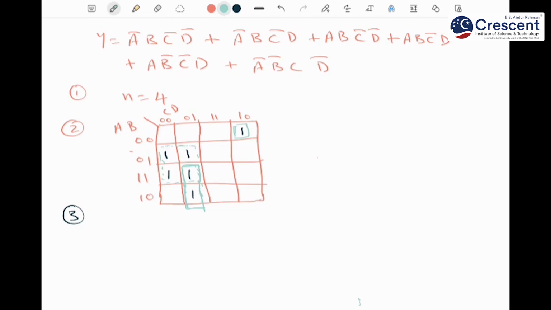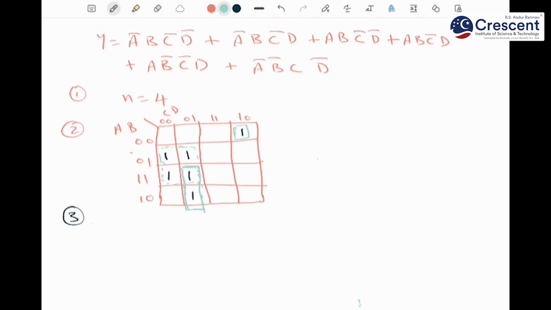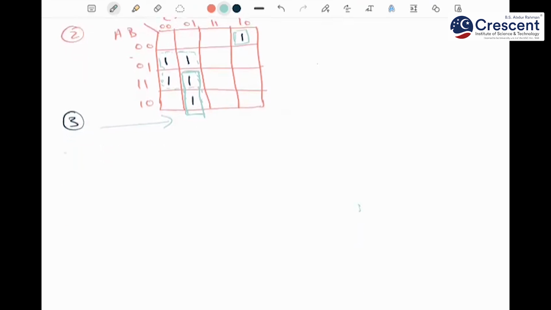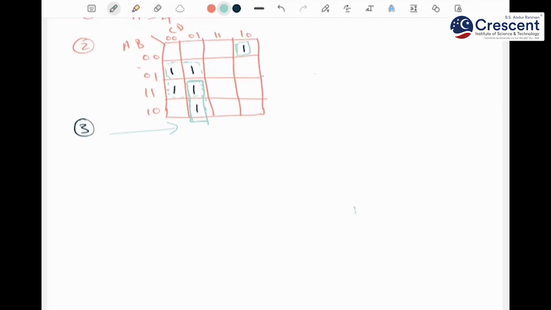The third step, grouping, is over. Next is the fourth step. So what is the fourth step? The fourth step will be to reduce. We have to write each and every term separately.